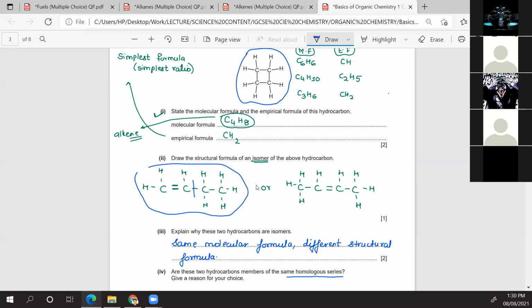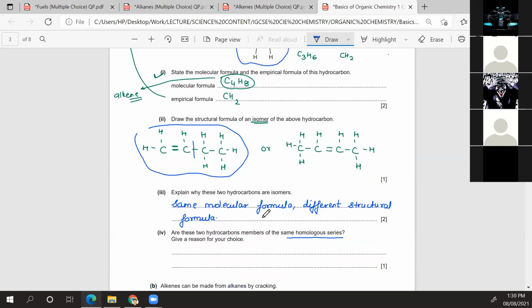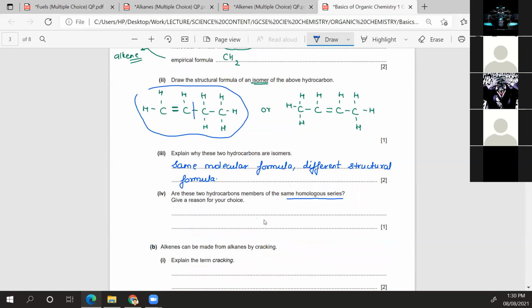Yes or no? So the answer is no, because one belongs to alkane, or we can say one is saturated, and the other belongs to alkene, which is unsaturated. Okay.